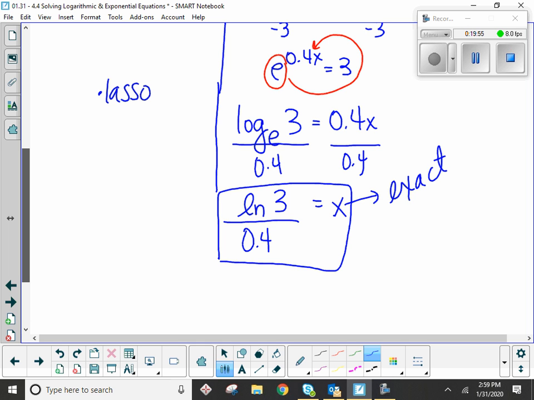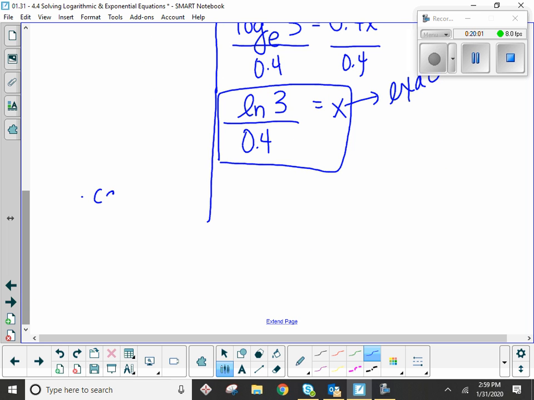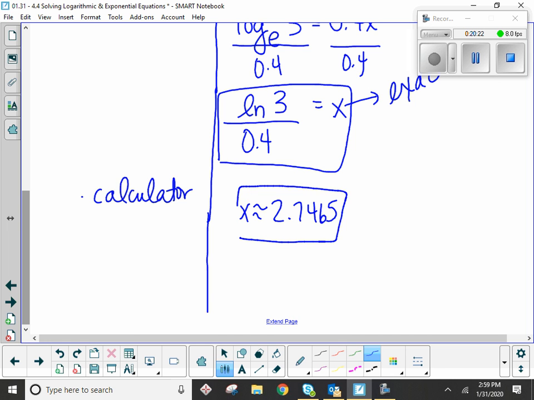Use your calculator to find approximate form. 2.7465, yes?